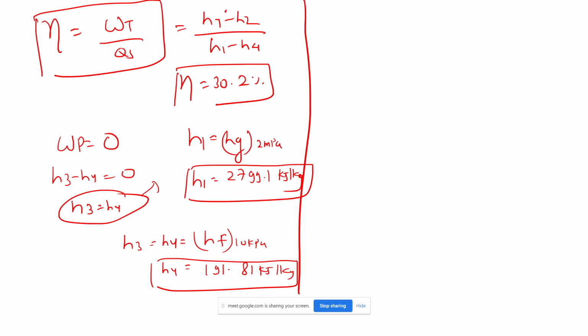So for point 2, what do we have to do? Because the 1 to 2 process is an isentropic process, S1 is equal to S2.